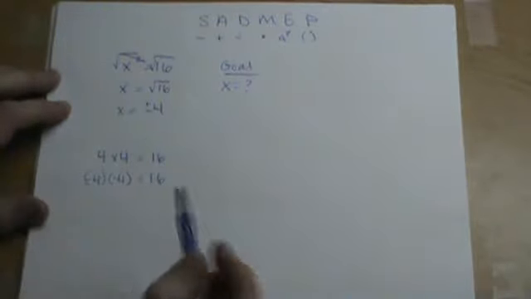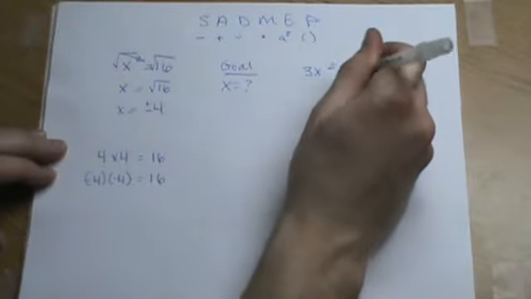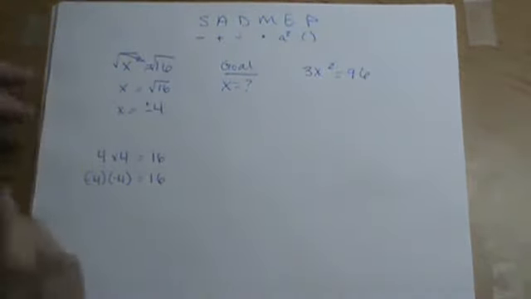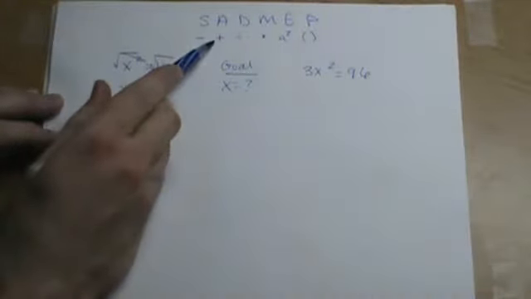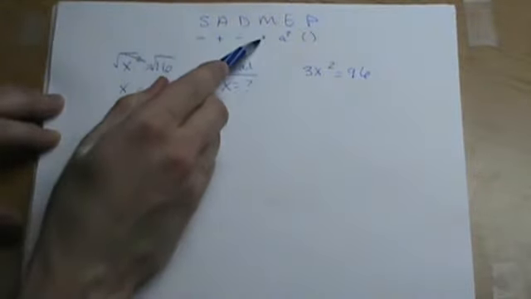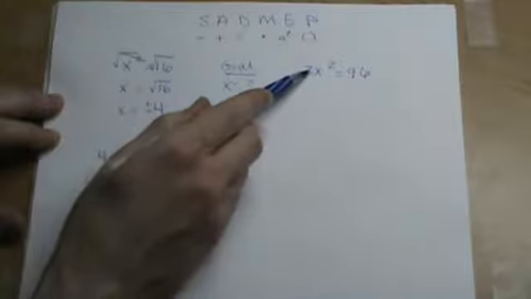Okay? How about we do another example over here? One with a little more meat to it. Let's do 3x squared equals 96. Alright? So first, start with PEMDAS backwards. Is there any subtraction? Nope. Any addition? Nope. Division? Nope. Multiplication? Yeah, right here. 3 times x squared.